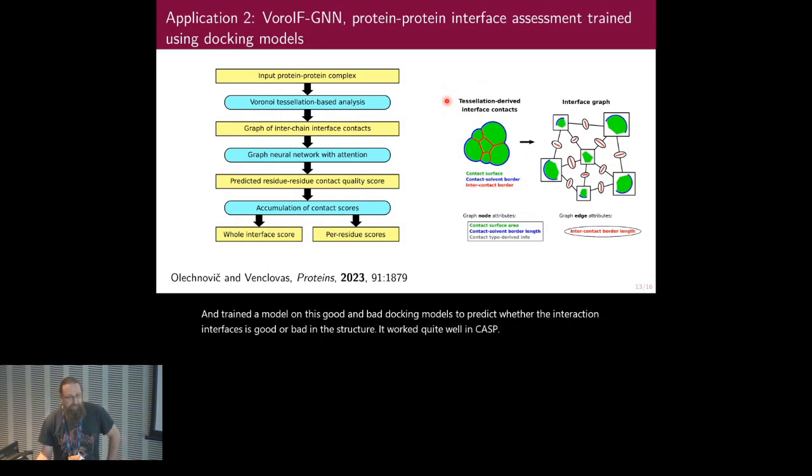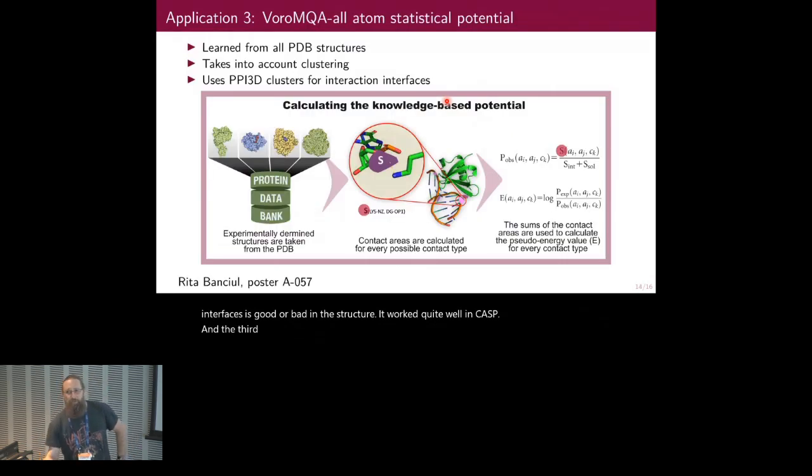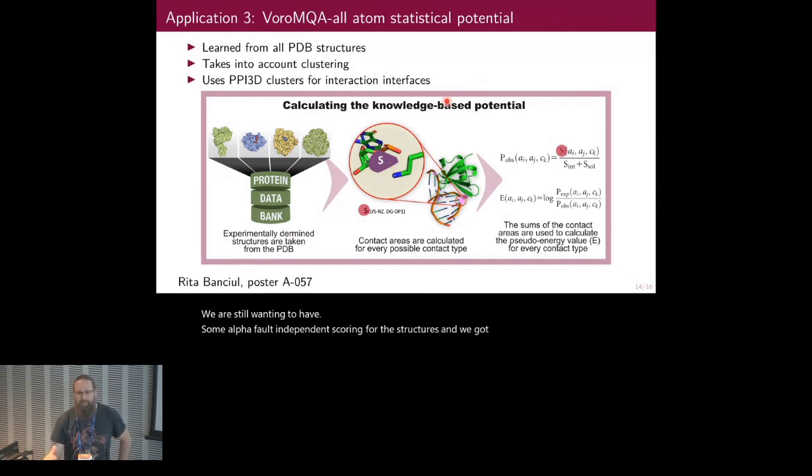And the third application: we still want to have some AlphaFold-independent scoring for the structures, and we got back to the idea of statistical potentials. We had in the lab the VoroMK statistical potential based on contact areas.